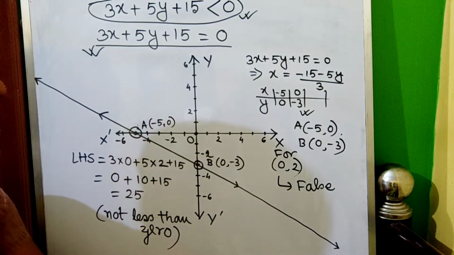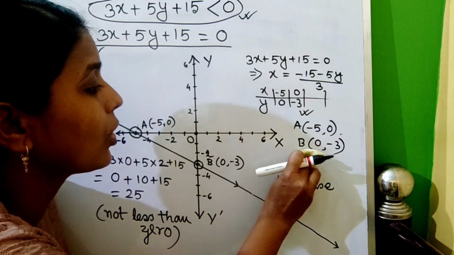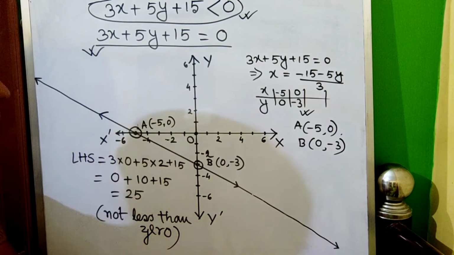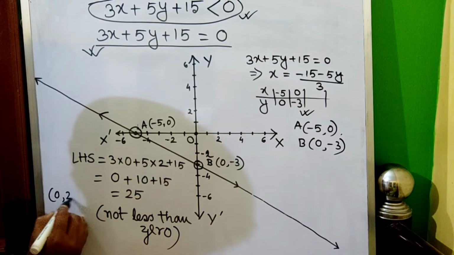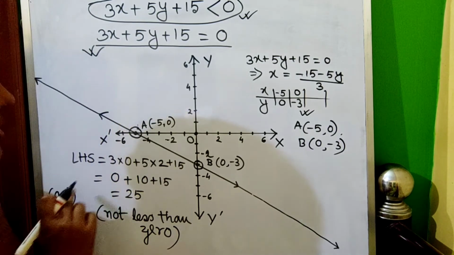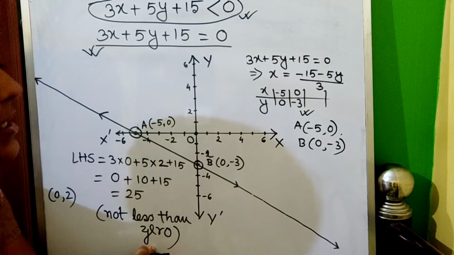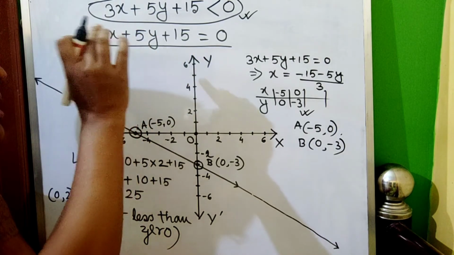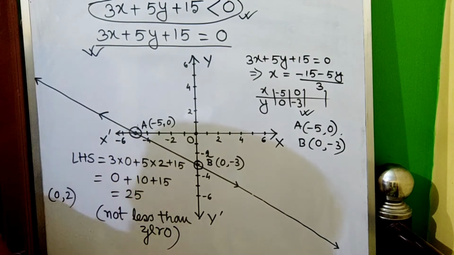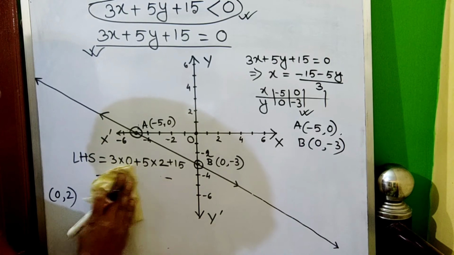When the result comes false for any point, here 0, 2 was the point, the result not less than 0 means it is false. The inequality is not valid for this point, which means the region will be away from the point.